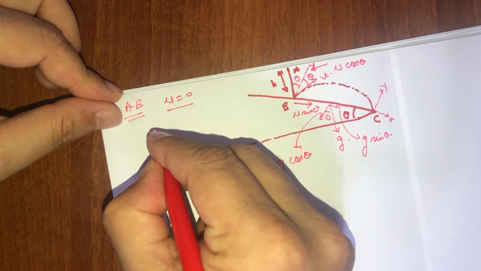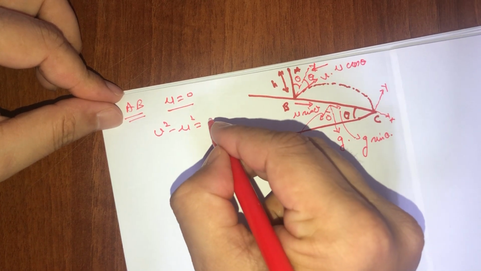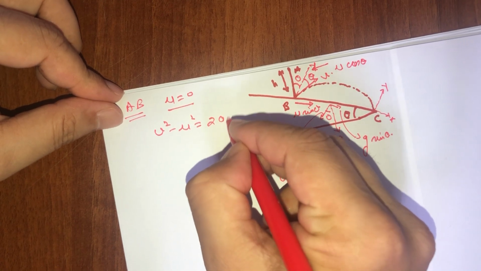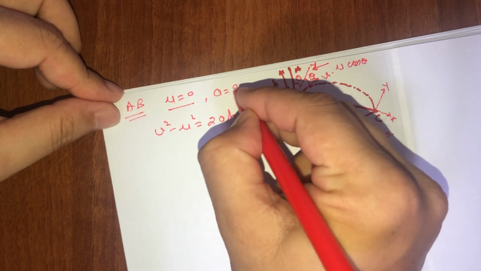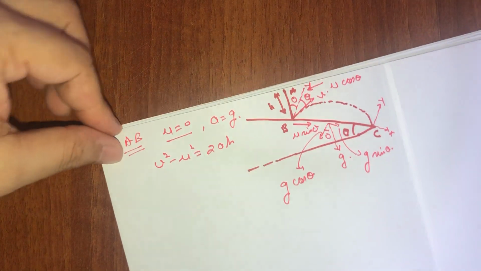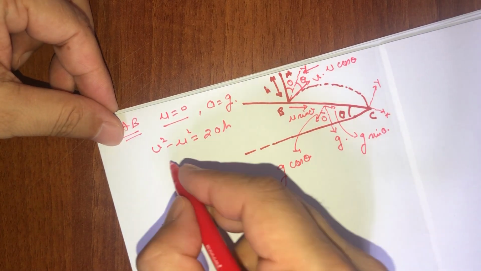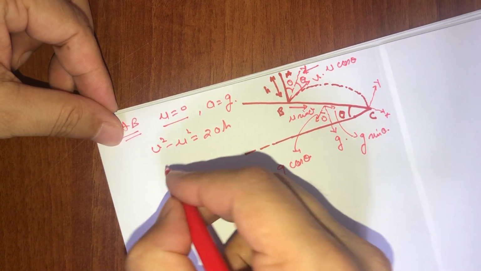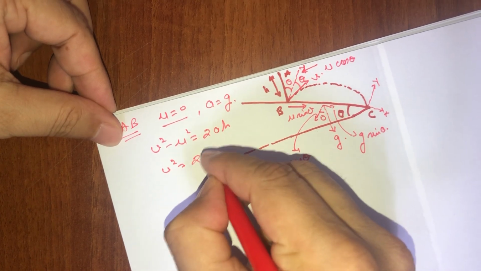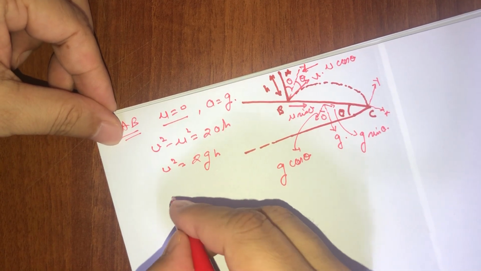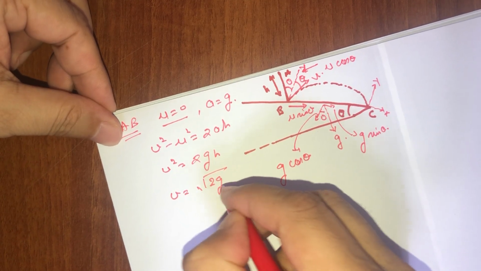We can say that v square minus u square is equal to 2ah, where a in case of path AB will be equal to g. So v square will be equal to 2gh, and v will be equal to square root of 2gh.